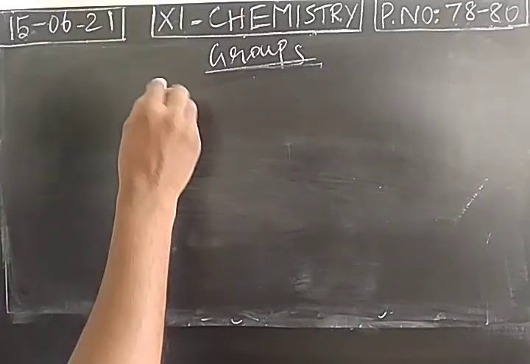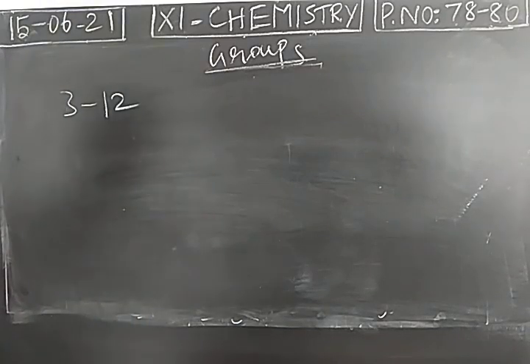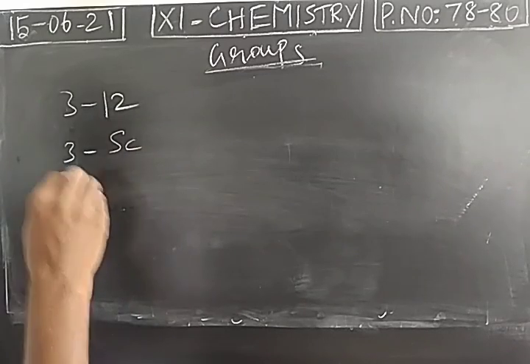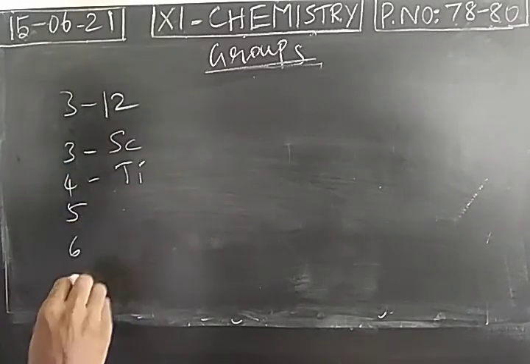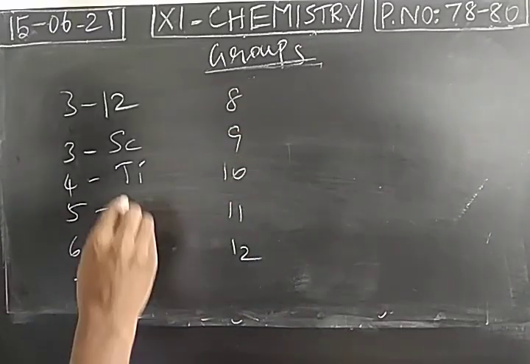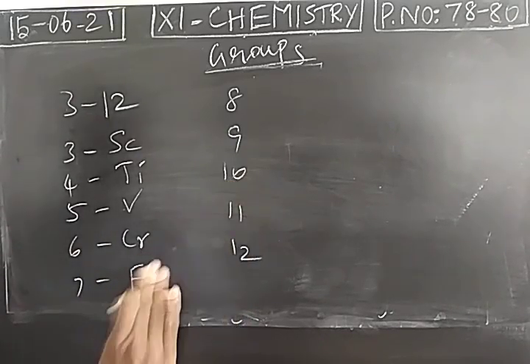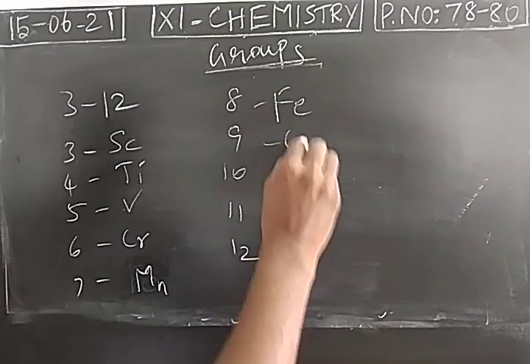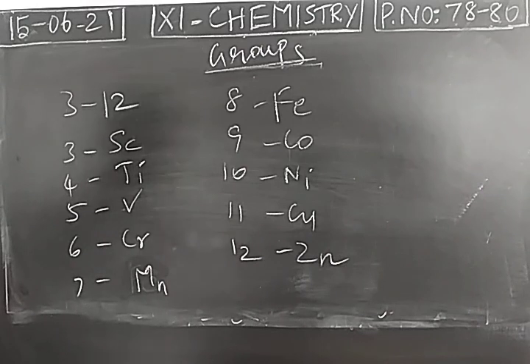Next we take group number 3 to 12. Group number 3 starts with scandium. Group number 4 starts with titanium. Vanadium, chromium, manganese, iron, cobalt, nickel, copper, zinc.